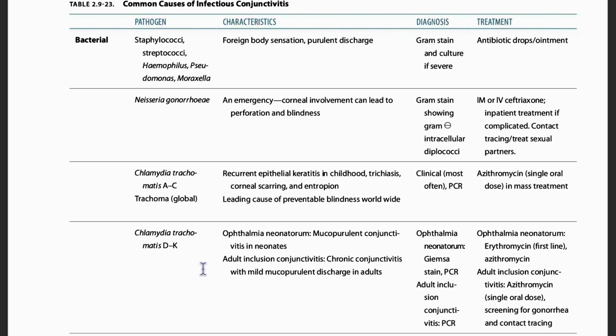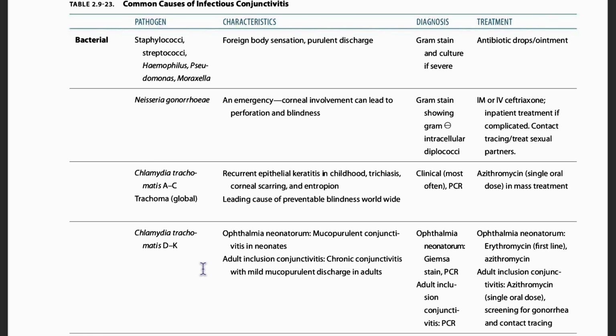And then we have D to K chlamydia, which is characterized as ophthalmia neonatorum, mucopurulent conjunctivitis in neonates, and adult inclusion conjunctivitis, chronic conjunctivitis with mild mucopurulent discharge in adults. Diagnosis for ophthalmia neonatorum is Giemsa stain, PCR.